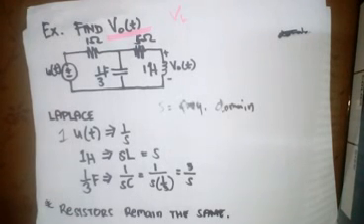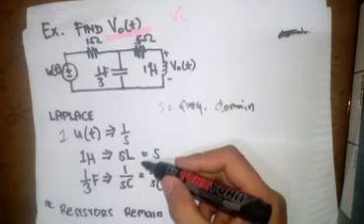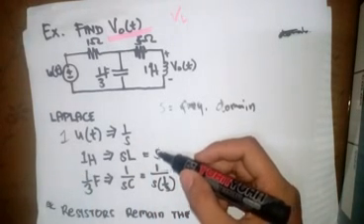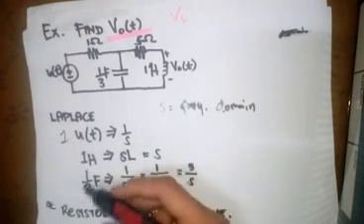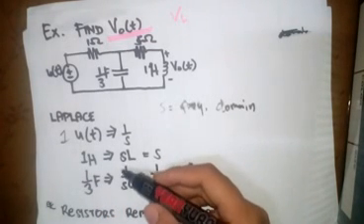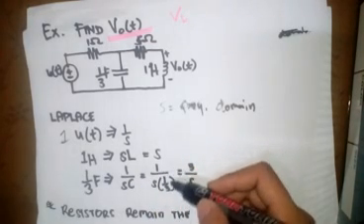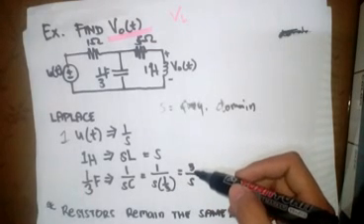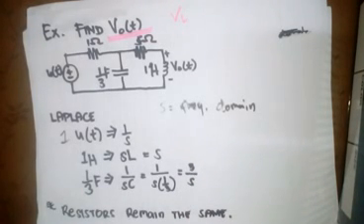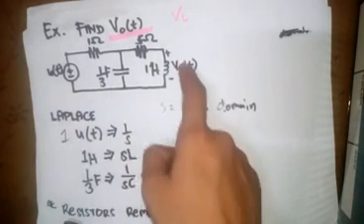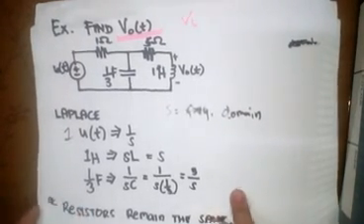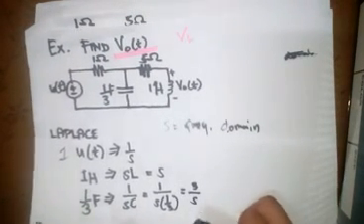For the inductor, 1 henry, SL, we just plug 1 in for L and it becomes S. For the 1/3 farad capacitor, 1/(sC), plugging in 1/3 for C, we get 3/s. The resistors basically remain the same; we don't have to transform them to Laplace, only the capacitor and the inductor.